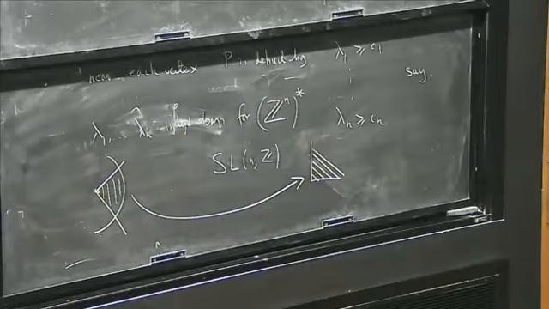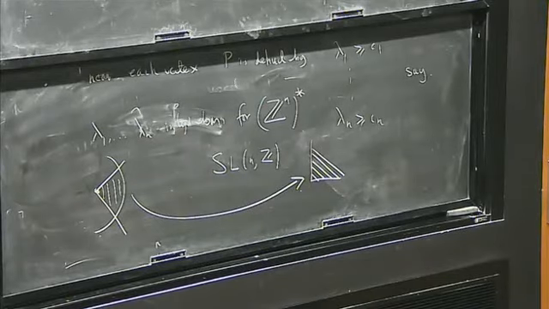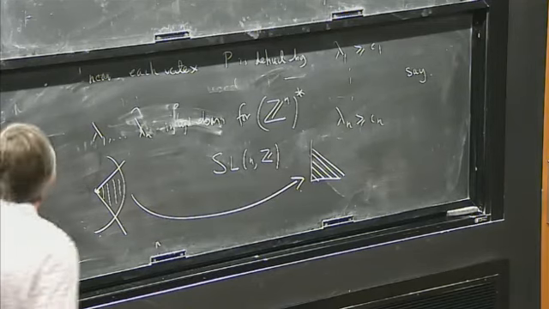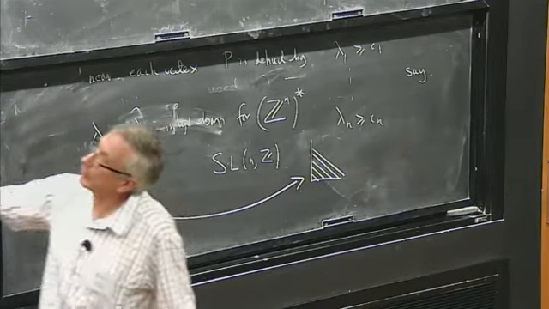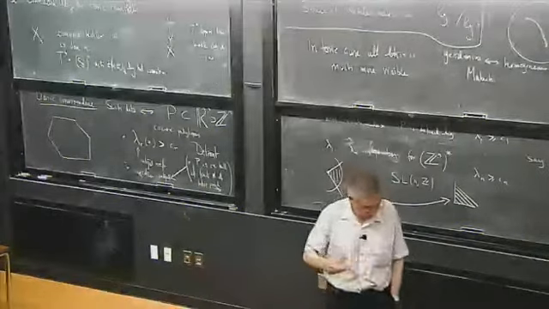Yeah, so this is really crucially the Delzant condition. If you relax this, then you would be getting not manifolds but more general, mildly singular spaces.